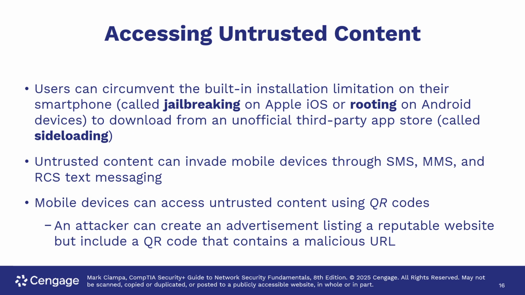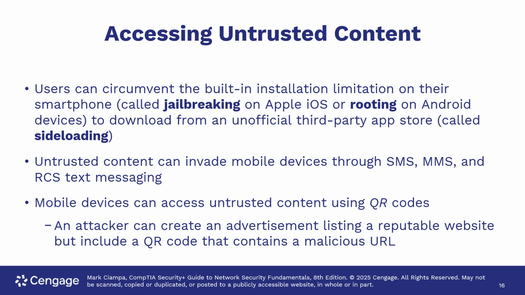Users can circumvent the built-in installation limitations of their smartphone. That's called jailbreaking on Apple iOS or rooting on Android, to download from an unofficial third-party app store. That's also called sideloading. Untrusted content can then invade mobile devices through SMS, MMS, and RCS text messaging.